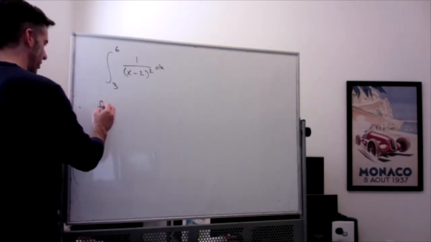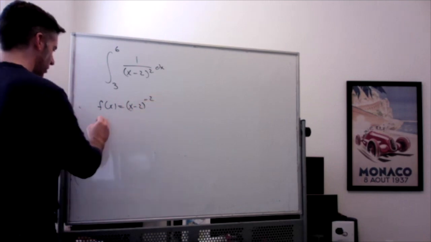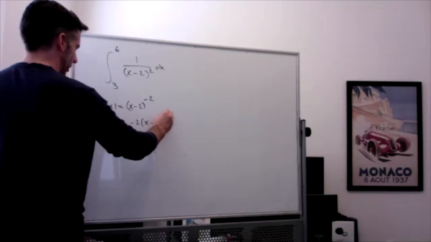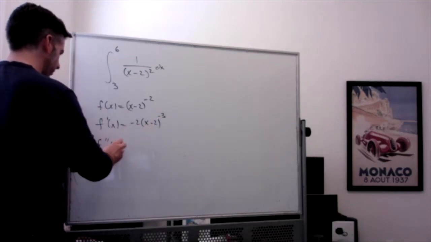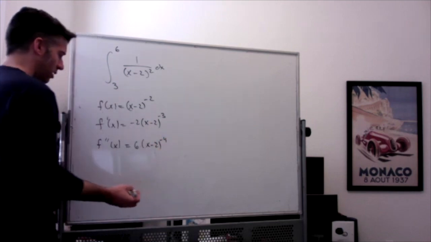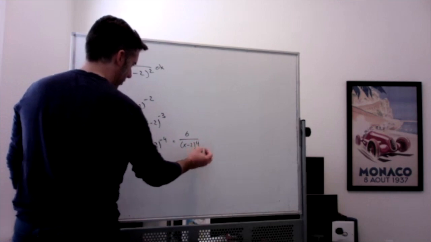Because the first derivative is negative 2 times x minus 2 to the negative third. And the second derivative is positive 6 times x minus 2 to the negative fourth, which is 6 over x minus 2 to the fourth.